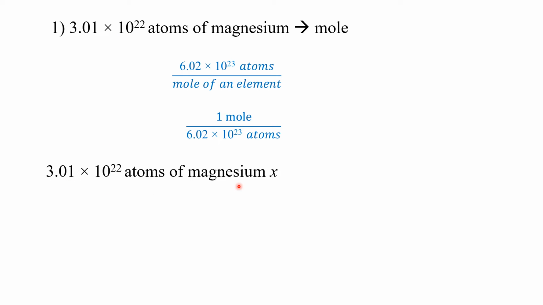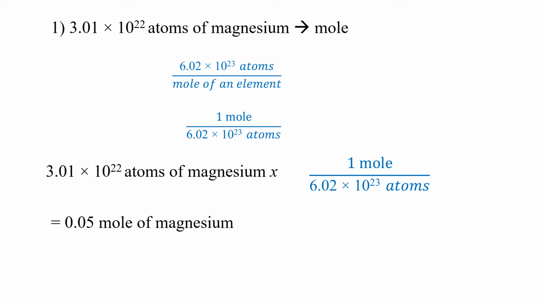This is the given. You need to multiply this with something that should get rid of atom. So I chose this factor, so that the atoms in the numerator will cancel out with the atoms in the denominator and what remains is the mole. Together, this is going to be your answer.